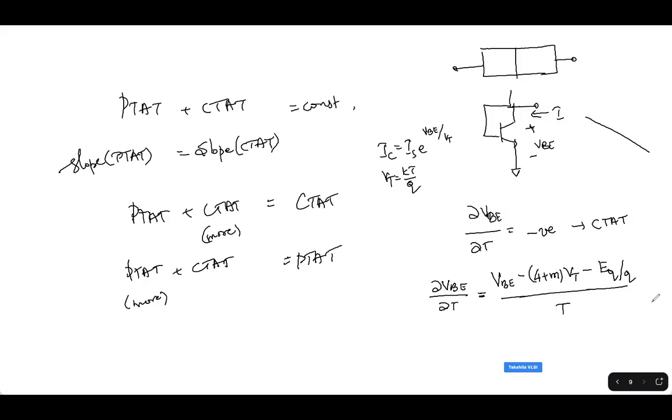But looking at the expression here, when it should have been a constant number, we do see that it is also dependent on multiple things. It is dependent on VBE itself. It is dependent on VT. It is dependent on temperature.